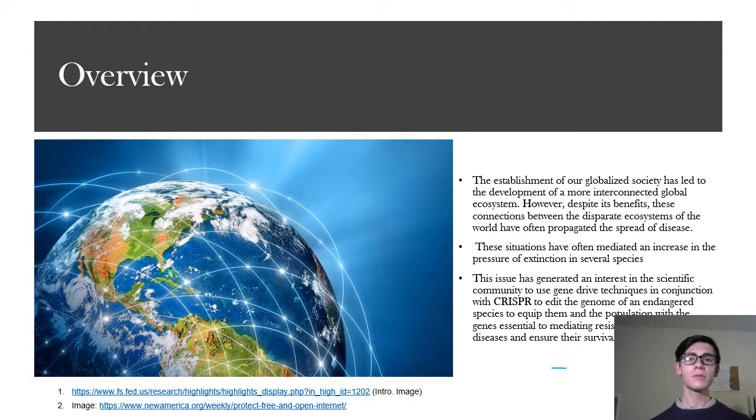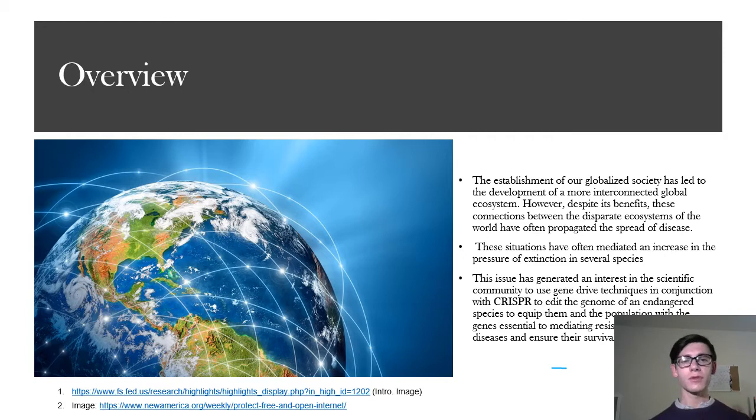So, the establishment of a globalized society has actually been paralleled in modern times by the development of a globalized ecosystem as well. However, despite the inherent benefits it has had on us as a species, it has been inherently detrimental to species across the world.